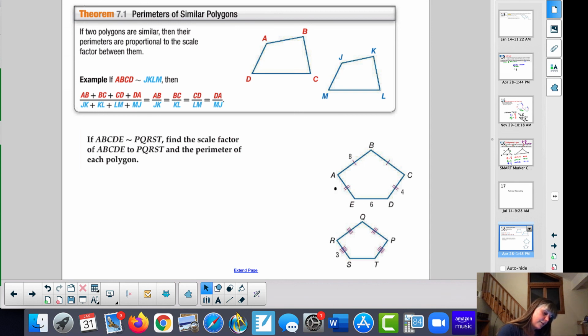So since these sides are both 4, then I can see right here that I have a 4 to 3 ratio, because over in my similarity statement, AEN, because this is also 3 over here, goes with PT. So I have a 4 to 3 ratio. My scale factor is 4 to 3.